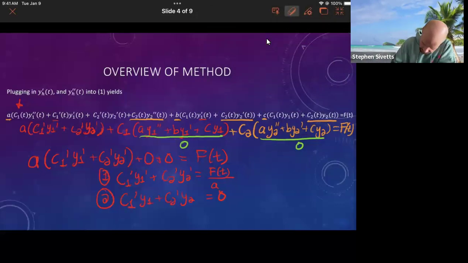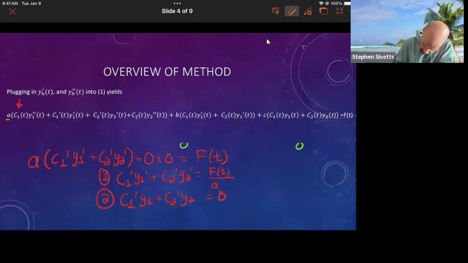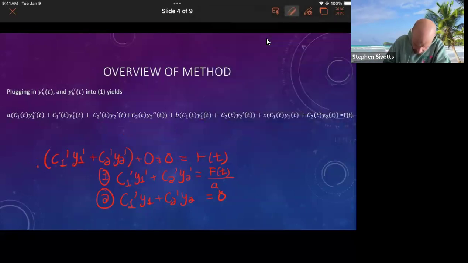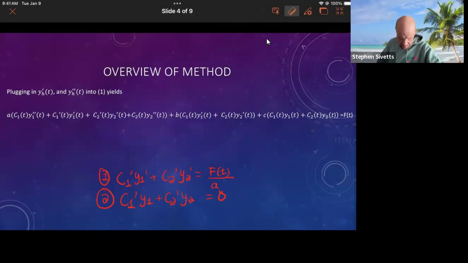Now, if I erase just the majority of this work here, we are almost there to solving for what the functions C1 and C2 equal, right? And let me erase this too. Okay, so this is the system of equations that we know.